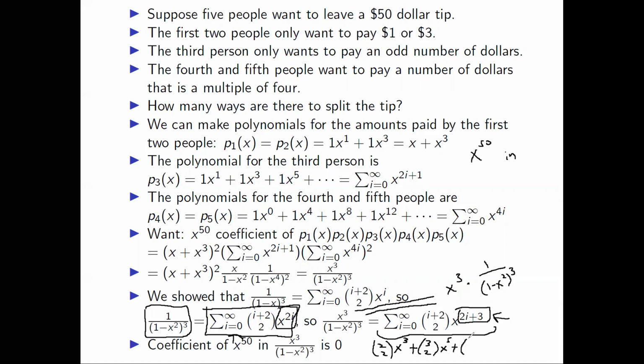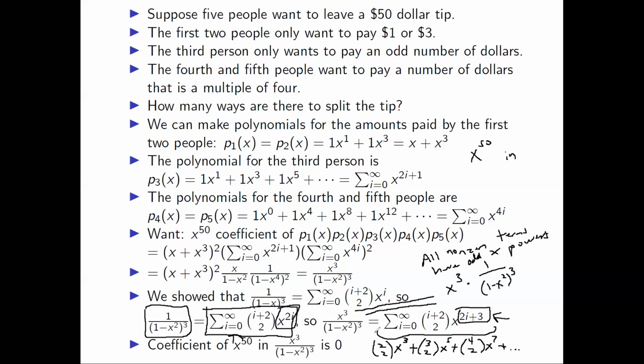The 2 term is going to be 4 choose 2, because it's 2 plus 2 choose 2. And we get x to the 7th, because 2 times 2 plus 3, and so on. We see that all of the terms with non-zero coefficients, all non-zero terms, have odd x powers.